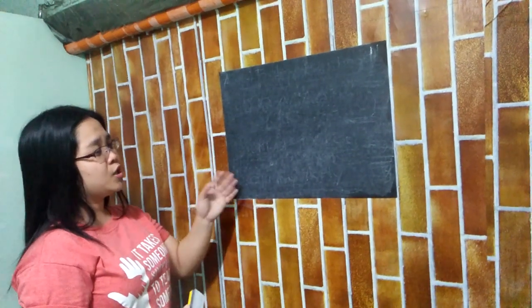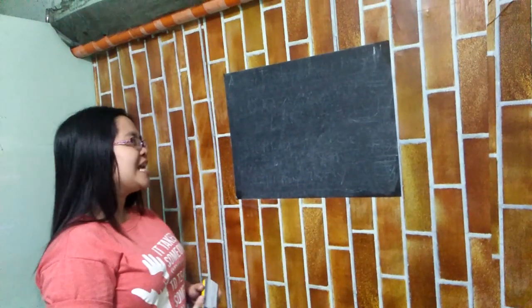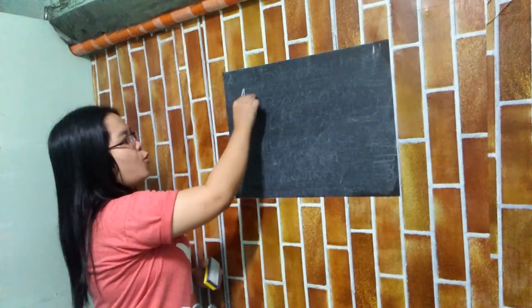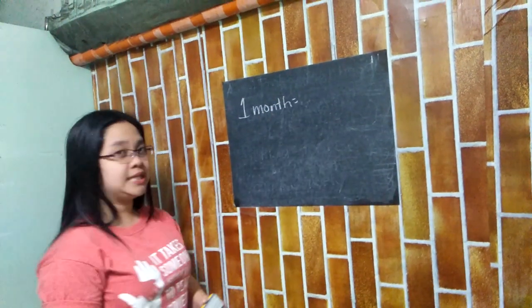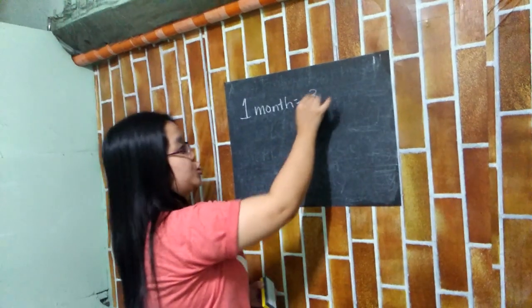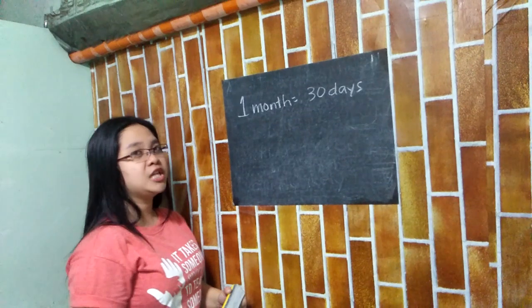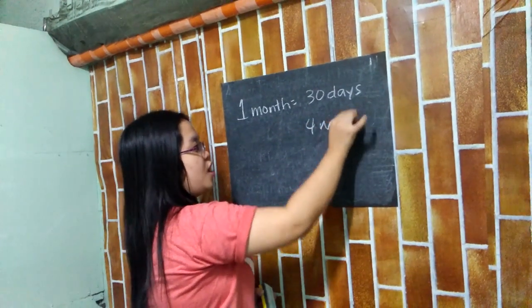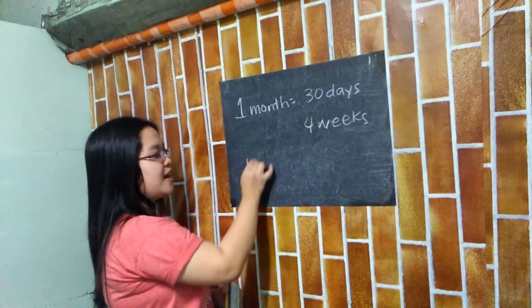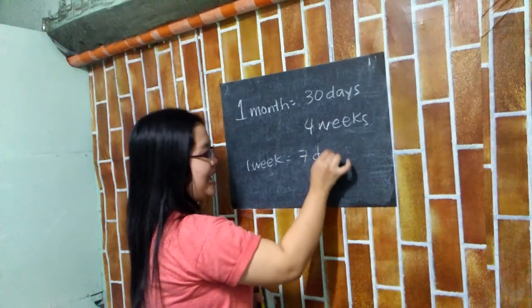So let's have 1 month here, which is equivalent to how many days? Probably that is 30 days. So for each month, how many weeks do we have? 4 weeks. On each week, there are 7 days.